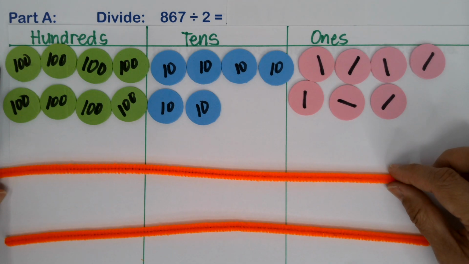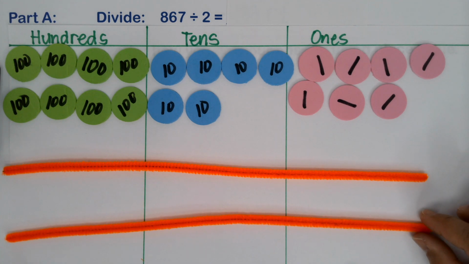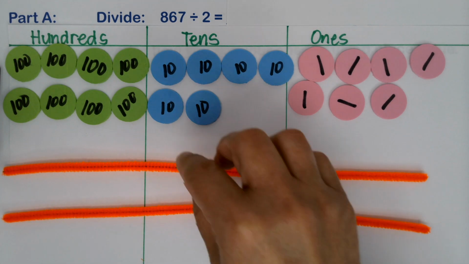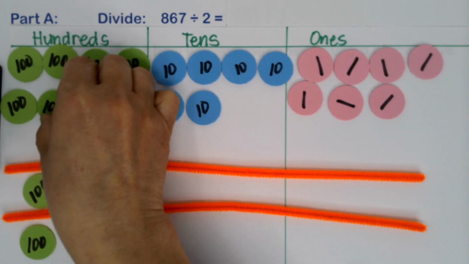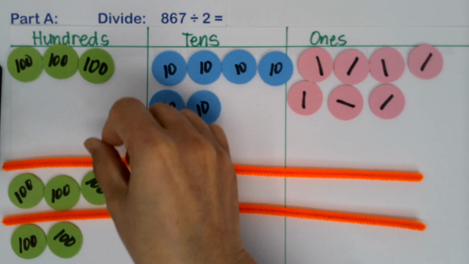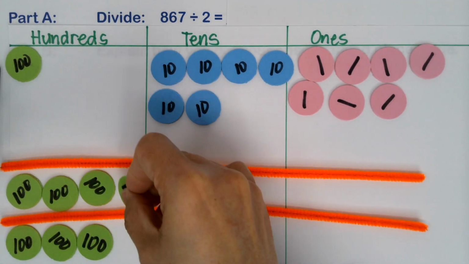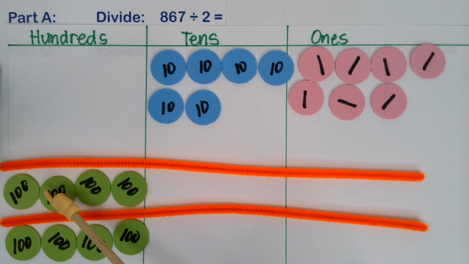So let's start with dividing in the hundreds place. So we have this goes here and here. So we distribute the disks into these 2 groups. And now we have 1, 2, 3, 4, 1, 2, 3, 4, 400s in each group.